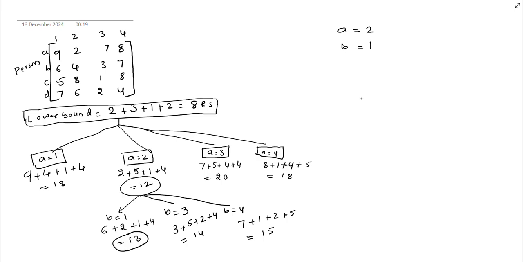At that time, we already know A is finalized, A is equal to 2 and B is equal to 1 job is assigned. See, C has two options here: C may be assigned the first job or fourth job, third job or fourth job.